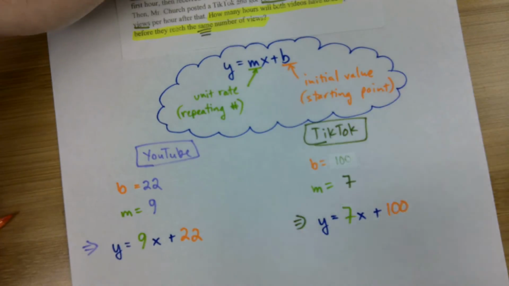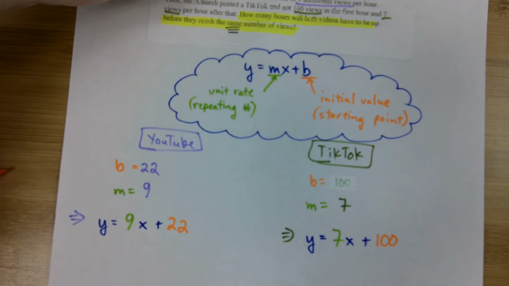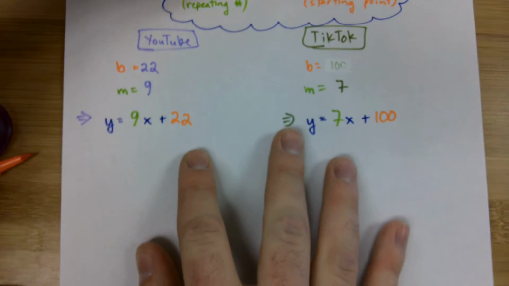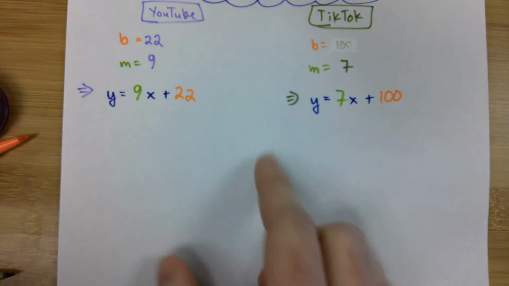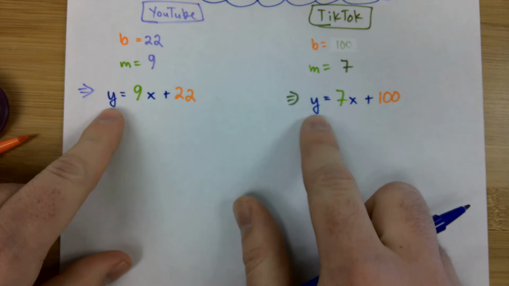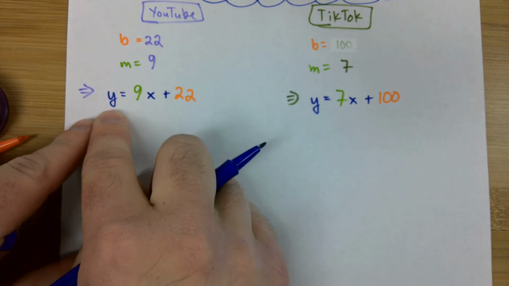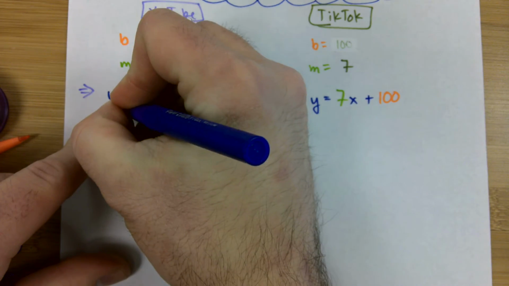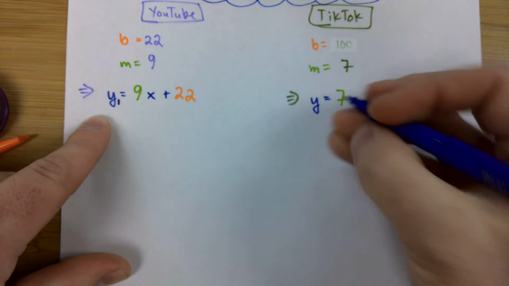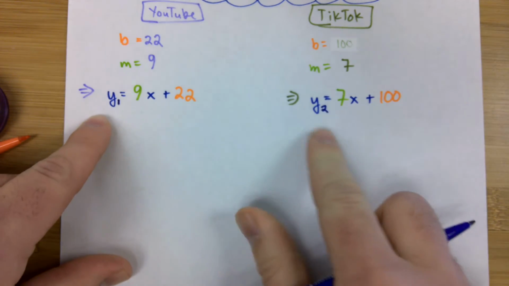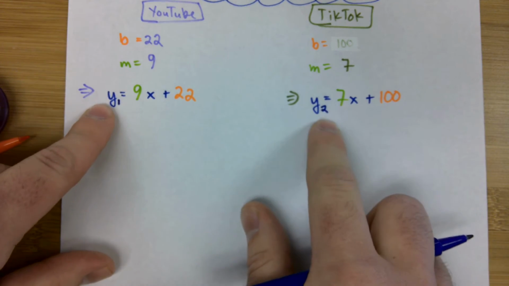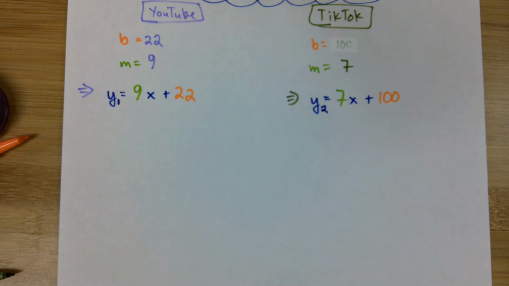So because we're looking for when the amount of views are the same, on these equations, go ahead underneath y, write a little 1, and then under the second one, write a little 2. y1 and y2. Just so we can distinguish between which equation is our YouTube and which equation is our TikTok equation.